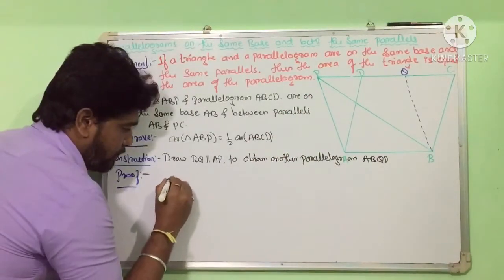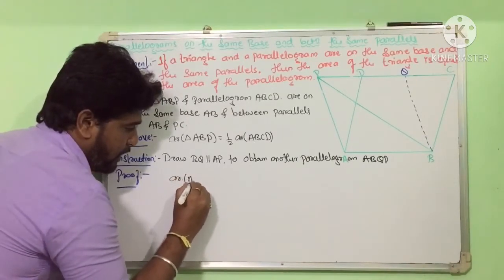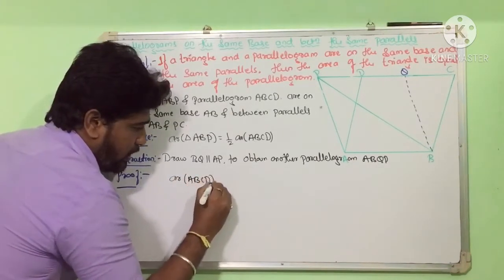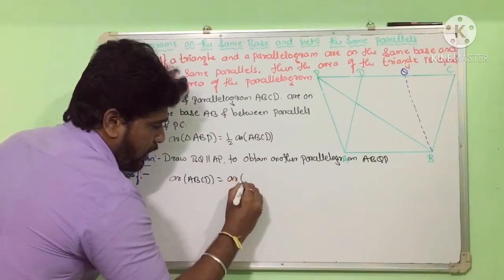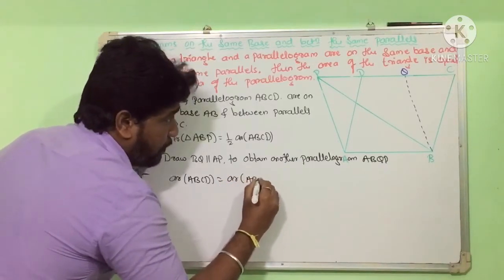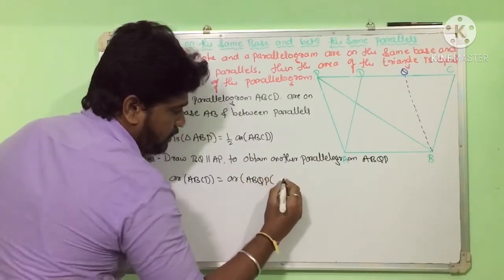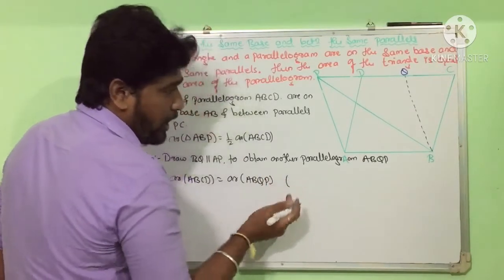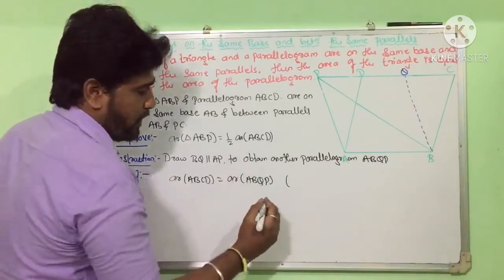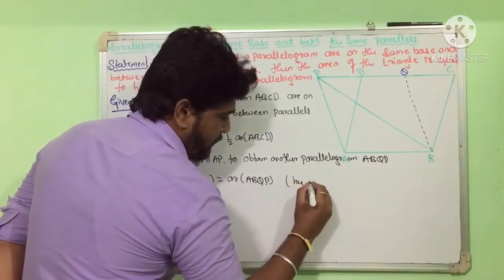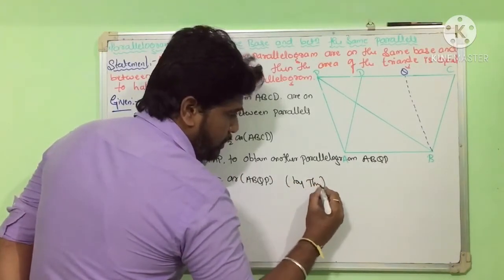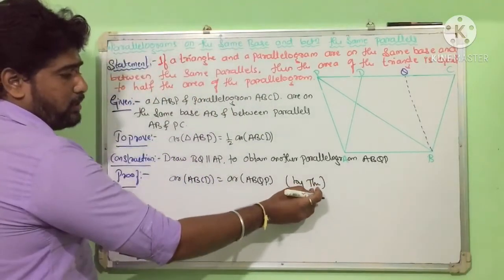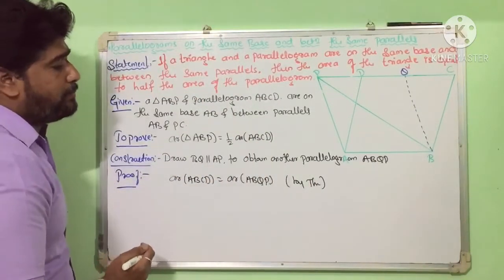So write down here, area of ABCD is equal to area of ABQP. We already proved this in the previous theorem, right? So by theorem, you have to write the theorem statement here, right?